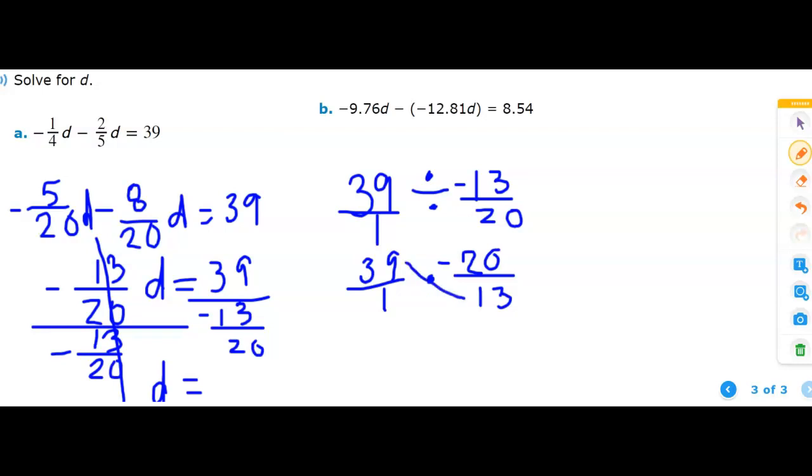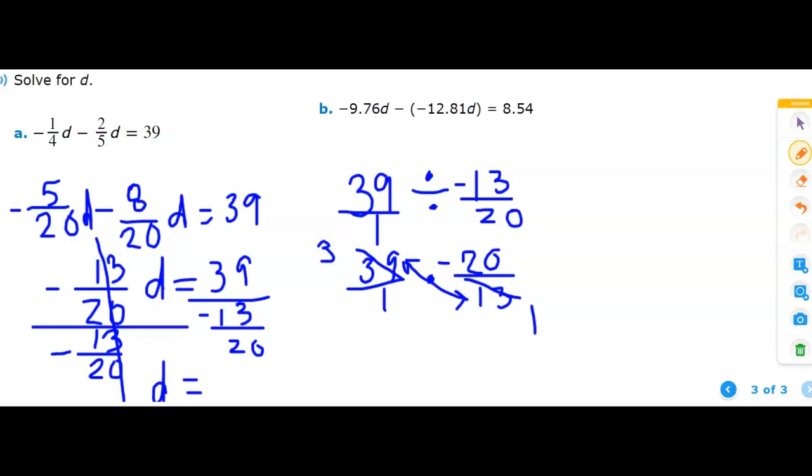So if I look diagonally, I want to see if they have a greatest common factor. I always start with the smaller number and divide it to see if it actually goes into it. So 39 divided by 13 is equal to 3. 13 divided by 13 is 1. So their greatest common factor was 13, which worked out perfectly.